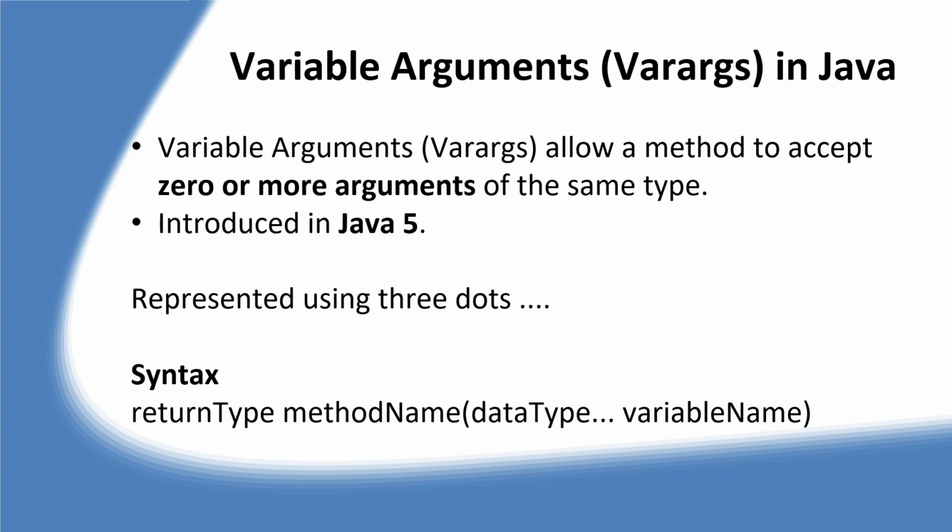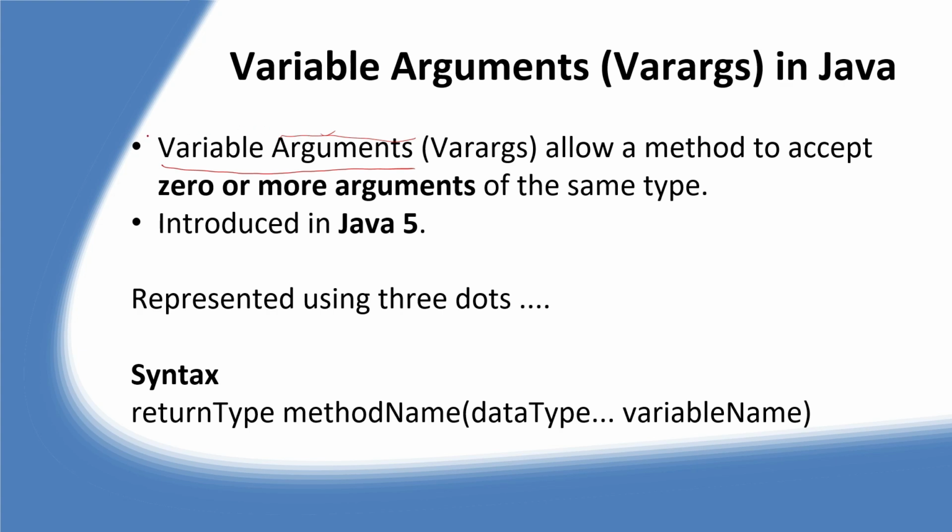What does it mean? By the name, variable argument, it is clear. What is an argument? Arguments are the actual values which are passed in the method call statement.